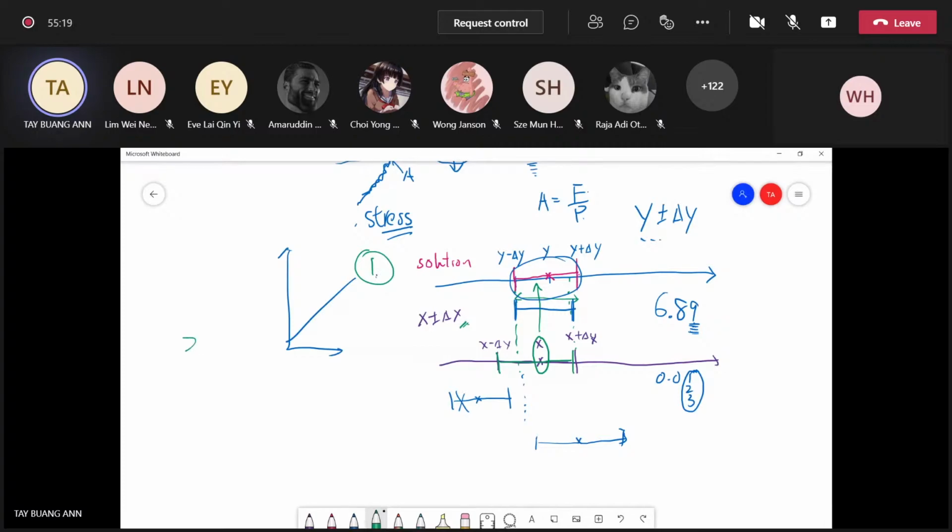The second indication is that you can take your answer minus the standard solution, and then take this ratio. We call this the percentage error.